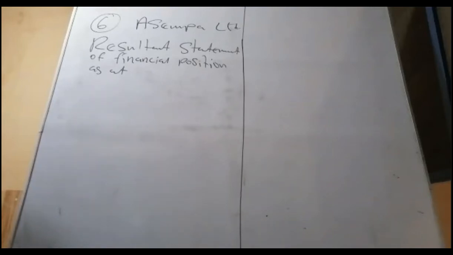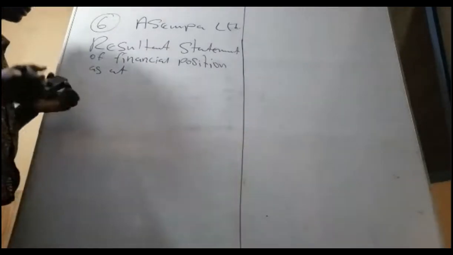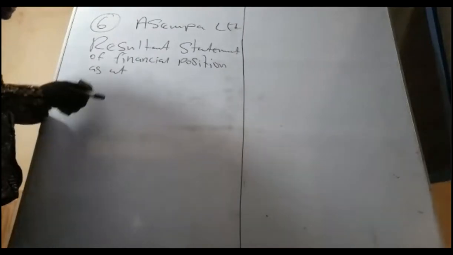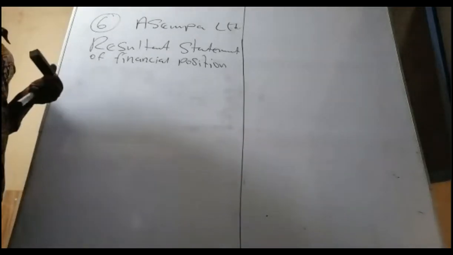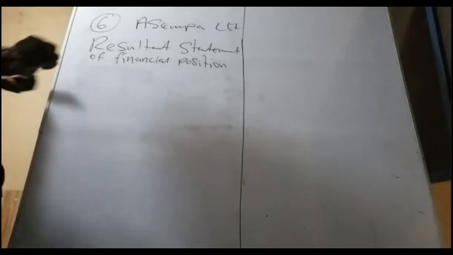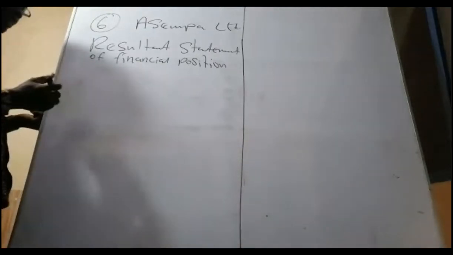Great. So the resultant statement of financial position just after the scheme, because I don't want trouble. I don't want to go and then be calculating dates. If I get it wrong, I've submitted myself to trouble.